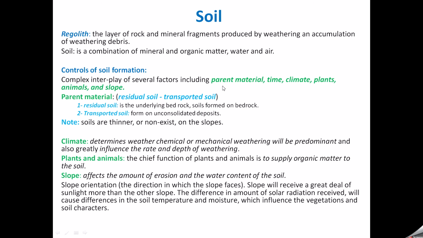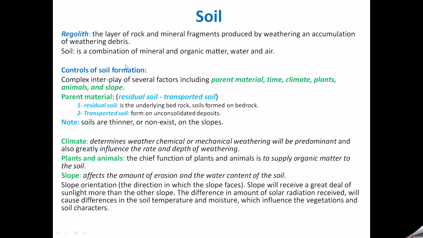Soil or regolith. Regolith is the layer of rock and mineral fragments produced by weathering and the accumulation of weathering debris. Soil is a combination of mineral, organic material, water, and air.